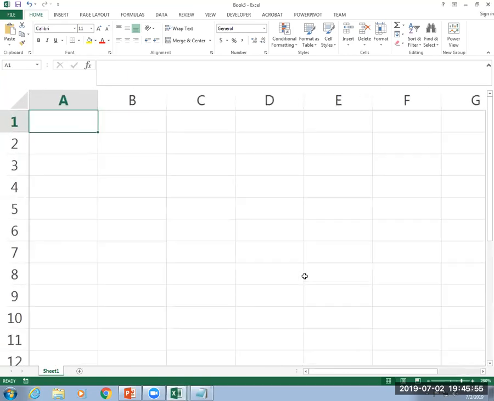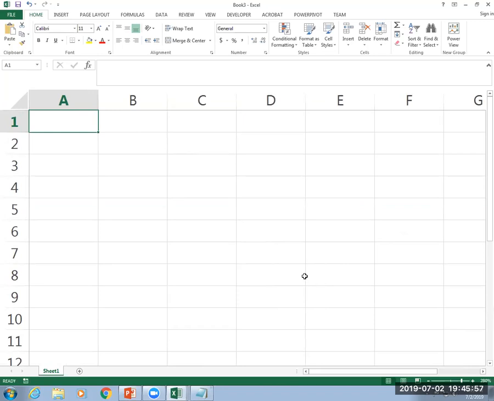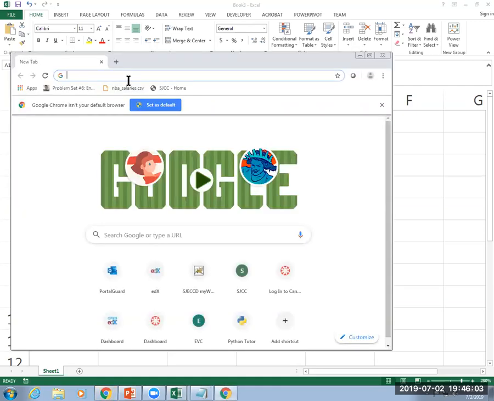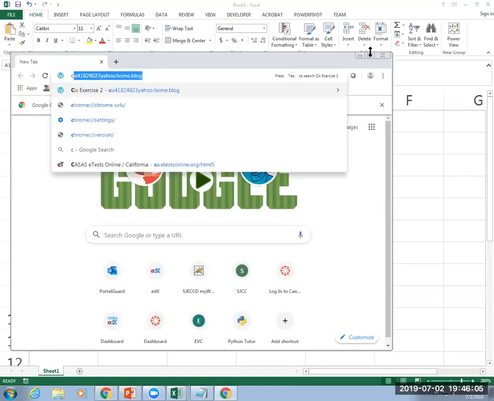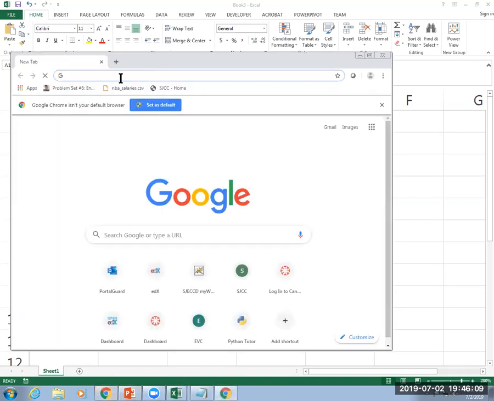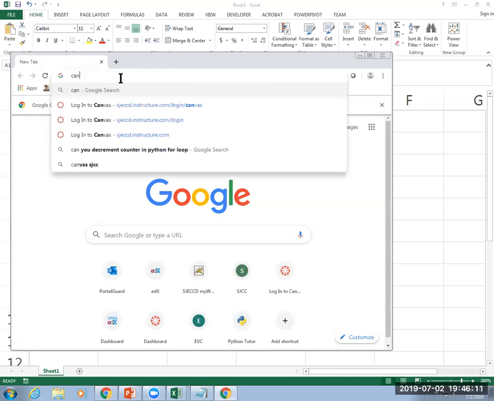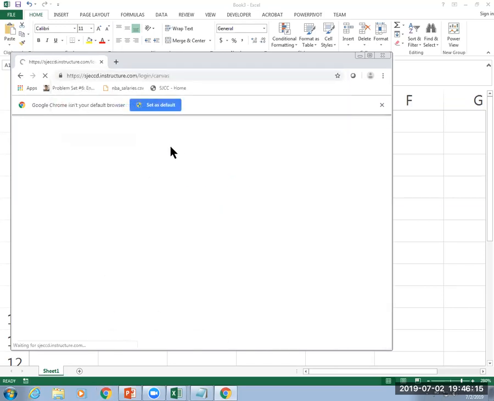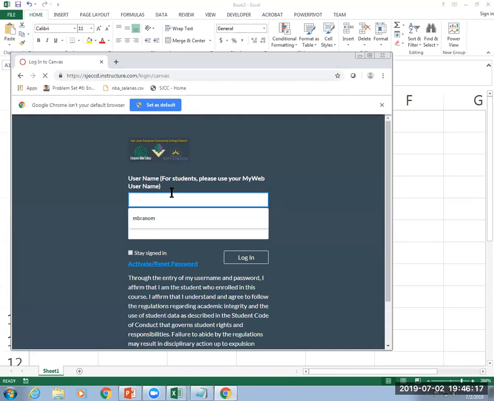And by the way, all of this is in your Canvas. So if I open up Canvas, oops, I already have Canvas open. Did I? No, I guess maybe I closed it. All right, so if I go into my Canvas, all of this is in Canvas in our class section.